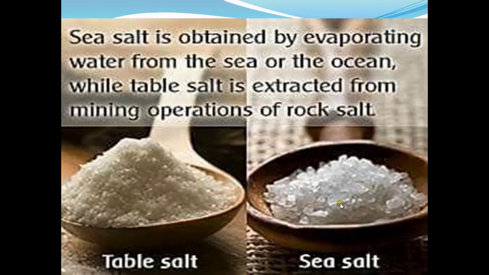Here you can see the difference between the table salt, which we are using as the salt in our food, and the sea salt, the salt which we get from the sea. The table salt is sodium chloride containing the maximum amount of sodium chloride, and here you can see the sea salt.